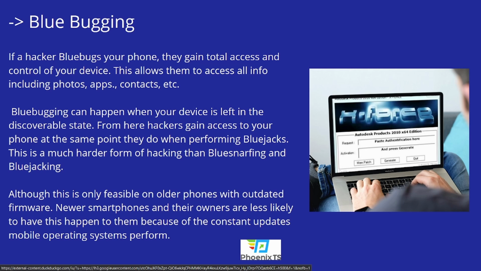However, this is a much harder form of hacking than bluesnarfing and bluejacking. Although this is only feasible on older phones with outdated firmware, newer smartphones and their owners are less likely to have this happen to them because of the constant updates mobile operating systems receive.